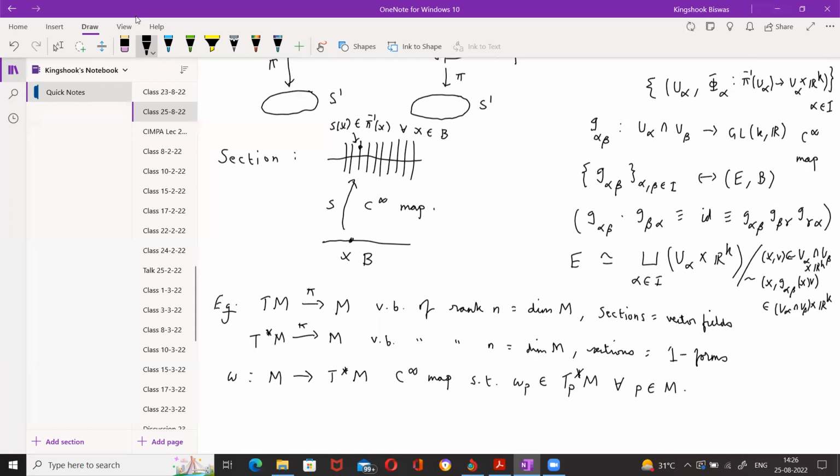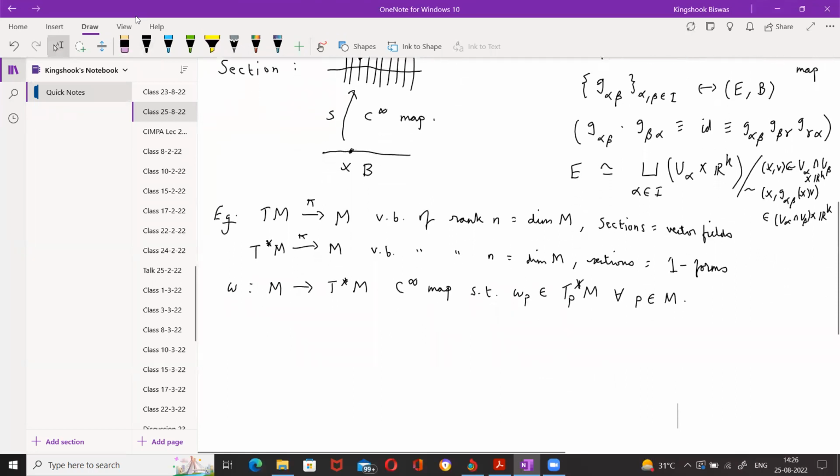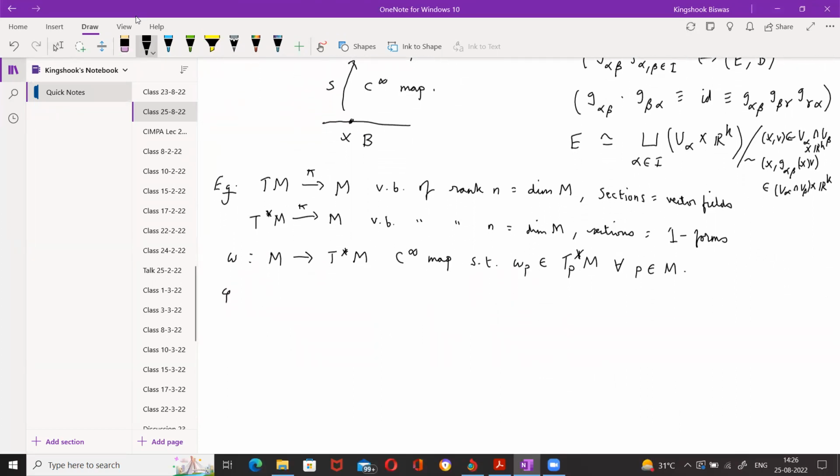Right? Now we know that given a chart phi equal to x1 to xn, this gives us a basis del del x1 up to del del xn of the tangent space at each point in the chart. So phi is from U subset of M to Rn.